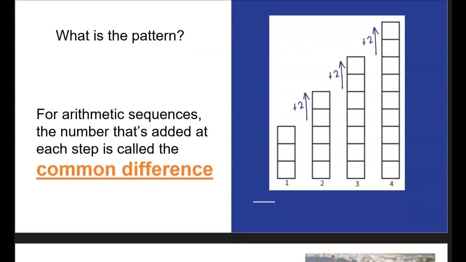So for arithmetic sequences, the number that is added or subtracted at each step is called the common difference. If it's subtracted, it would be negative. So the common difference in this case, what do you think it is? The number that it's changing by each step. So it looks like it's changing by 2 each time. So in this case, our common difference would be 2.